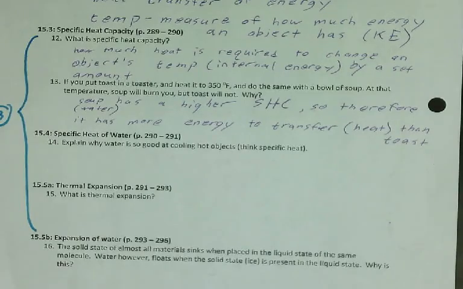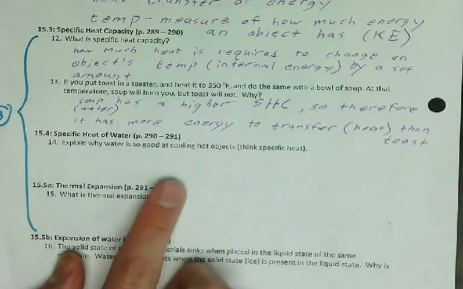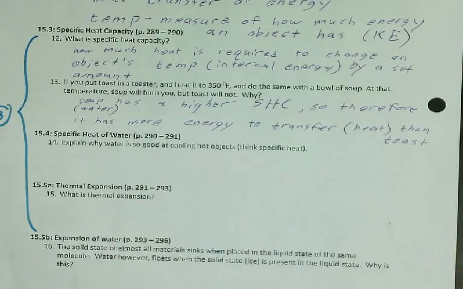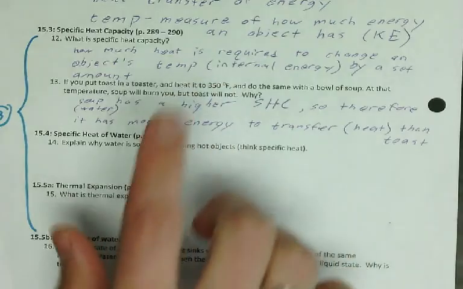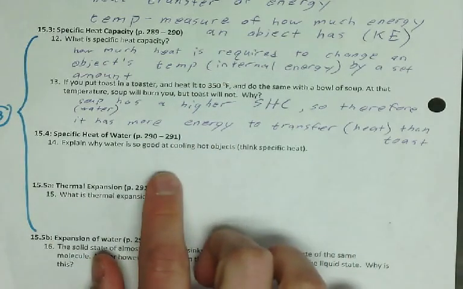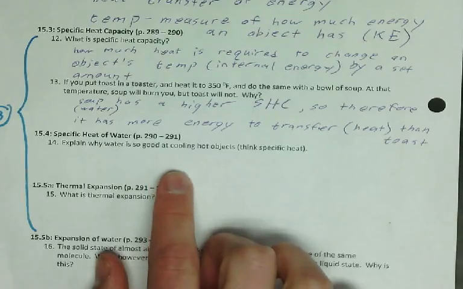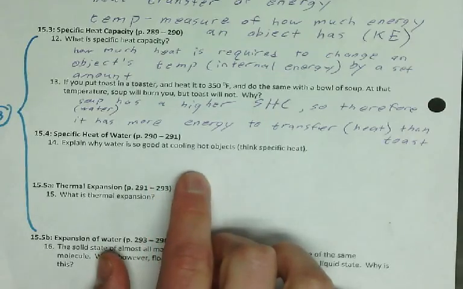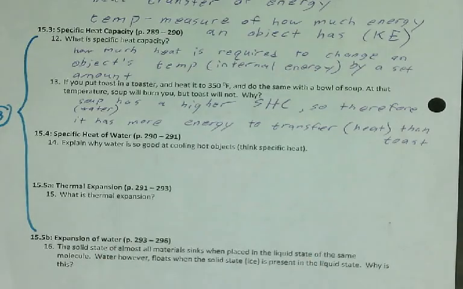Good. All right. Why is water so good at cooling hot objects? Caden, what do you say on this one? So why would it absorb? Huh? It has the higher capacity.